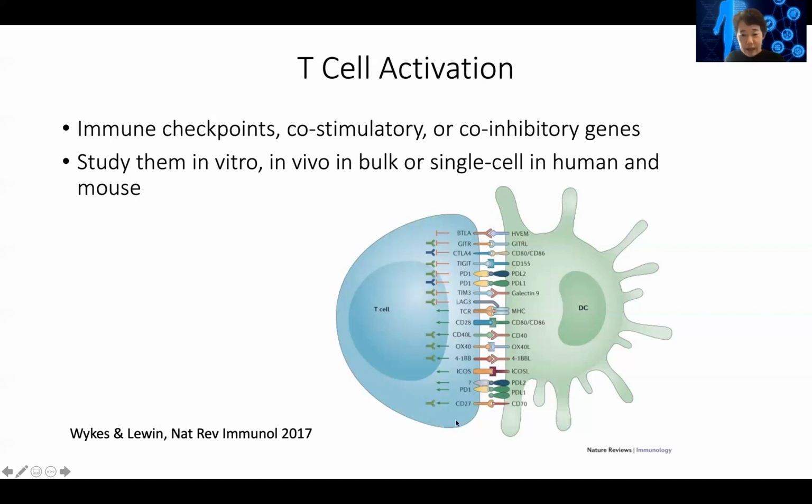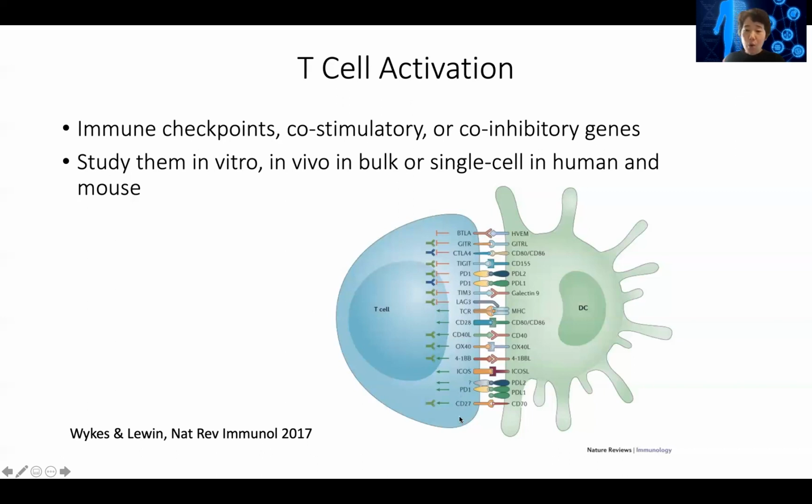And a lot of them also have interaction partners on either dendritic cells or on macrophages or on cancer cells in general. So this is not just dendritic cells. It could mean other cells in the tumor. When this pair interacts is often when this gene will be activated, and then they will have either their suppressive function or their activating function.